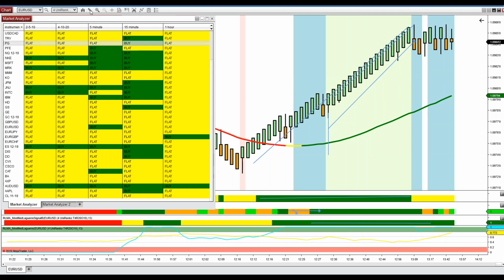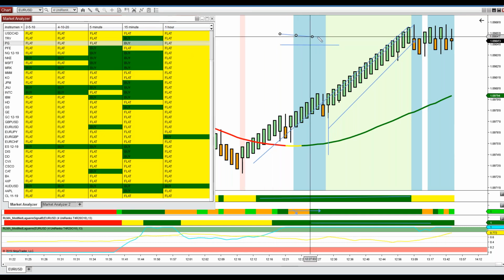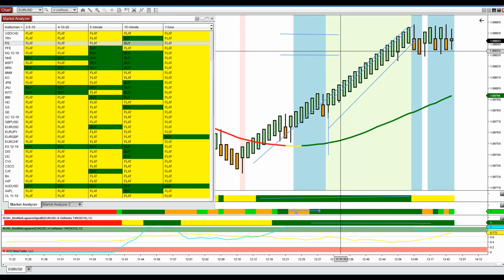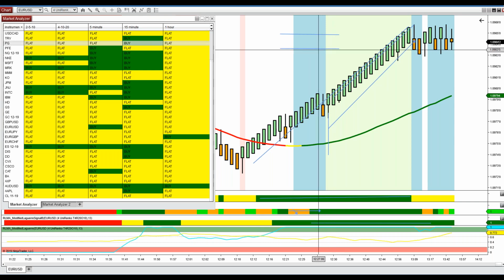Now, just to show you quickly, on a long trade, here's the close of the instrument, whatever price that is, and here's the high of any given candle on the higher time frame. As the close approaches the high, it means that price is accelerating upwards.